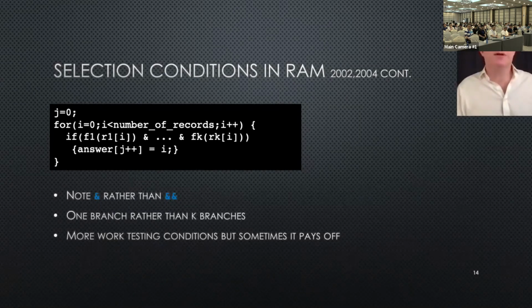So one branch is better than K branches in terms of the potential for branch misprediction problems. On the other hand, you have to do more work. You have to test all of these functions instead of sometimes getting away with executing fewer. Nevertheless, because this could be better some of the time, it's worth keeping plans like this around. So it's more work for testing conditions, but sometimes that pays off.